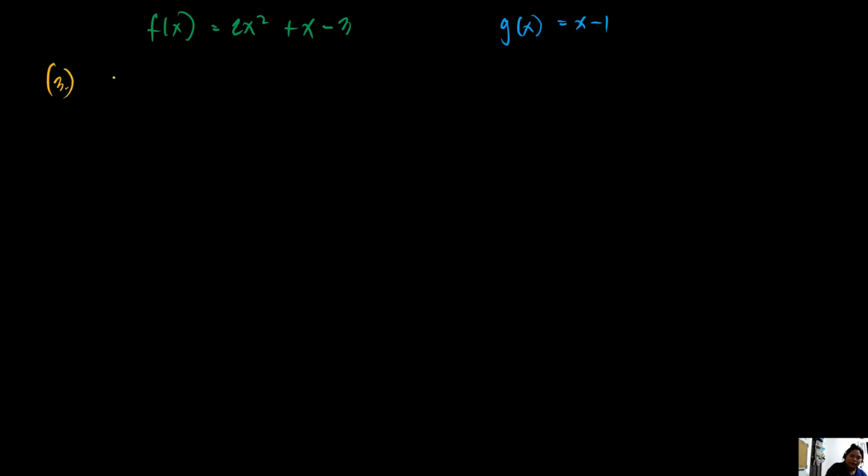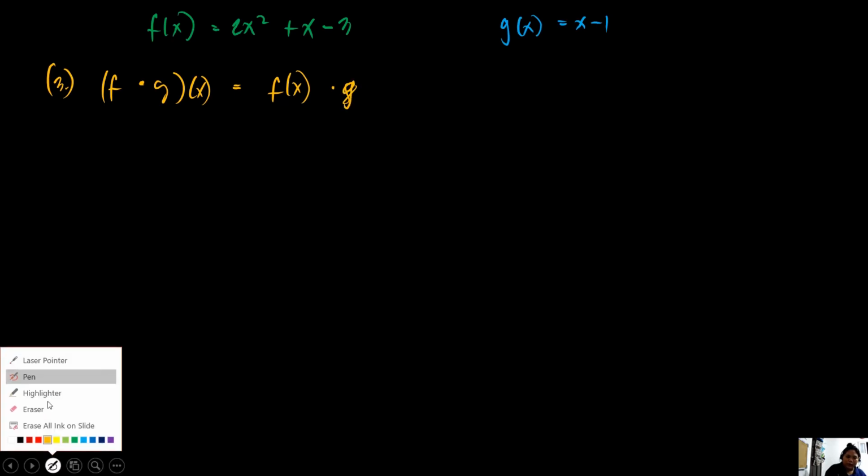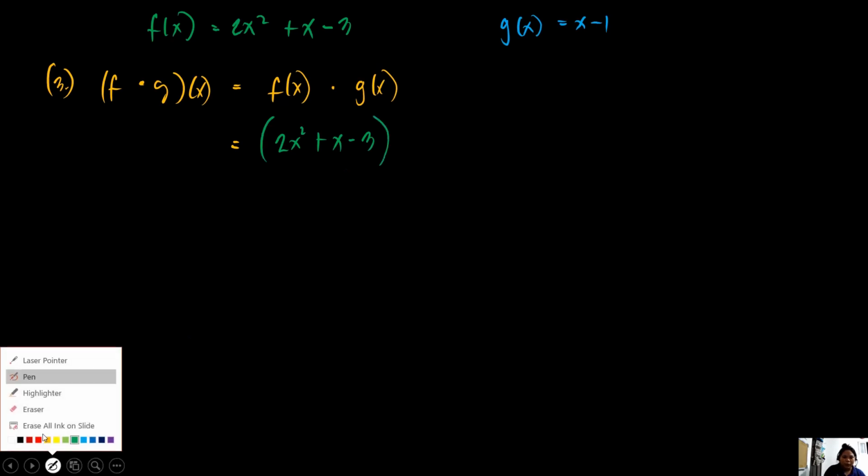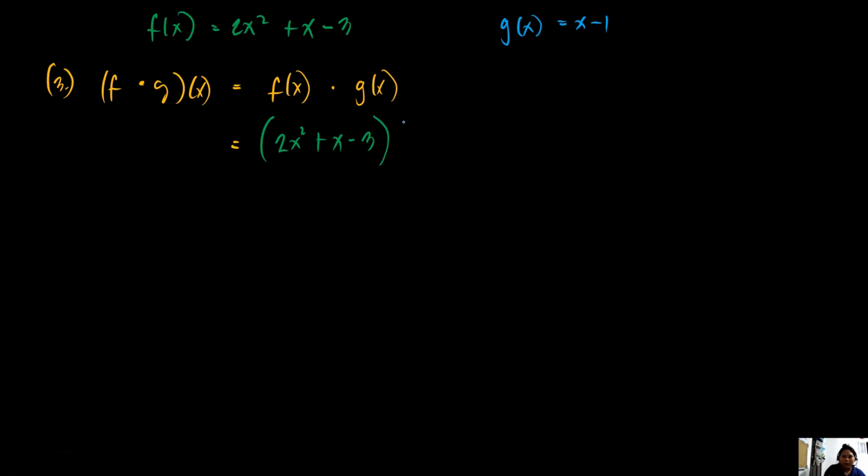We have f multiplied by g of x, so f of x times g of x. Our f of x is 2x squared plus x minus 3. Since it is multiplication, we put parentheses. Parentheses signify multiplication. Then our g of x is x minus 1.